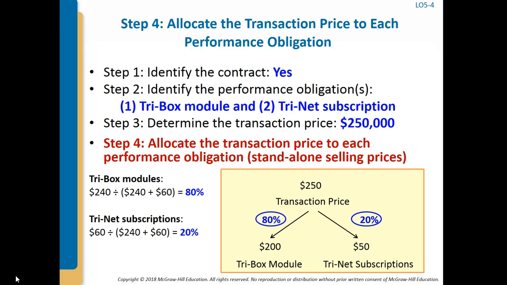We allocate 80% of the transaction price to the TriBox module and 20% of the transaction price to the TriNet subscription. If a standalone selling price can't be directly observed, then the seller should estimate it.